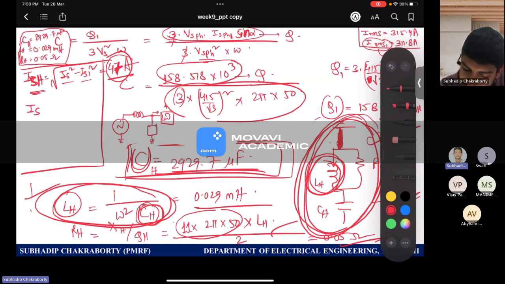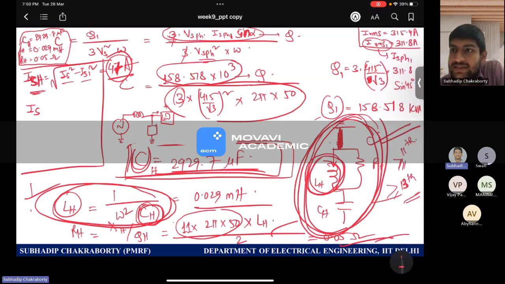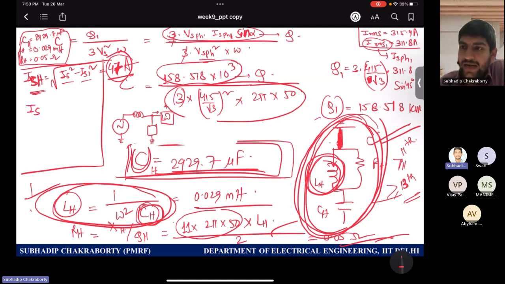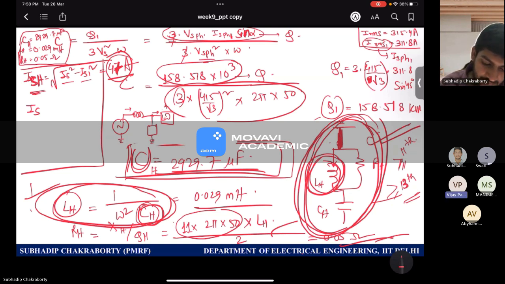Now can anyone tell me? Now you understood this, that supply RMS minus supply fundamental RMS is the load harmonics. But can you tell me what will be the harmonics that will appear at the supply side? That is more of a concern. Supply harmonic. This is load harmonic.